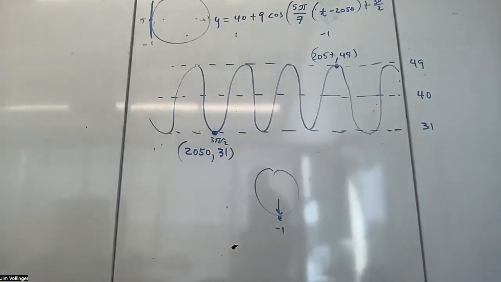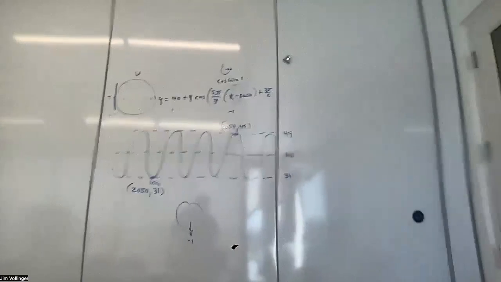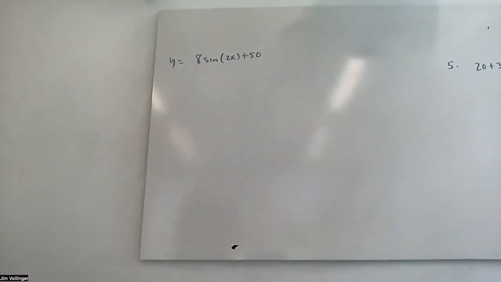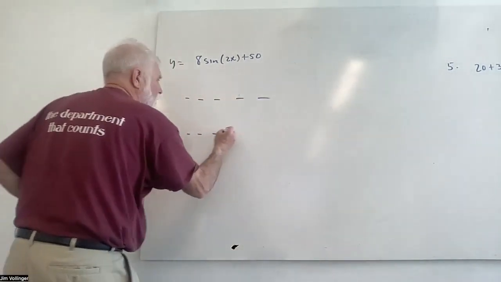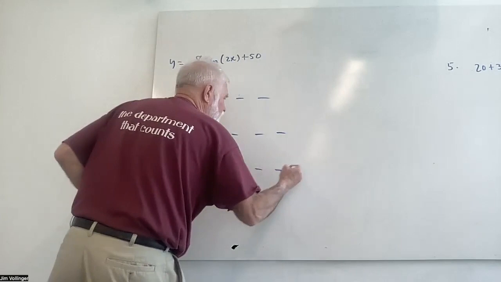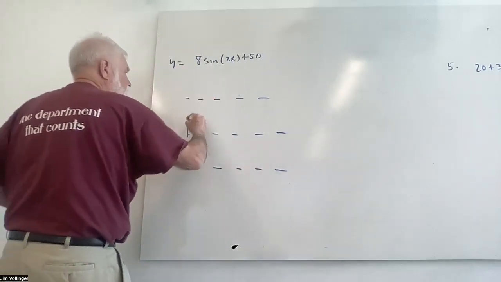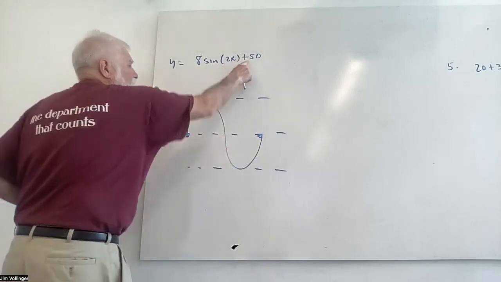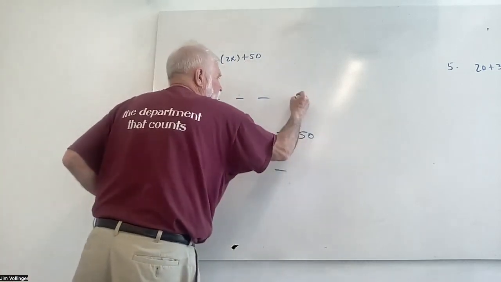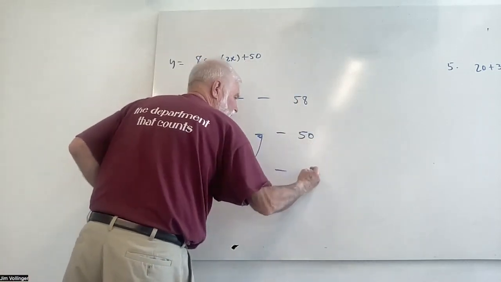All right. We don't want to lose this. So I'm just going to graph this function as I see it. What you want to start doing is getting your brackets in, and we're just going to do 1 period of the sine function, positive sine function. It's going to look like that. We've got 8 and 50, so 50, 58, and 42.